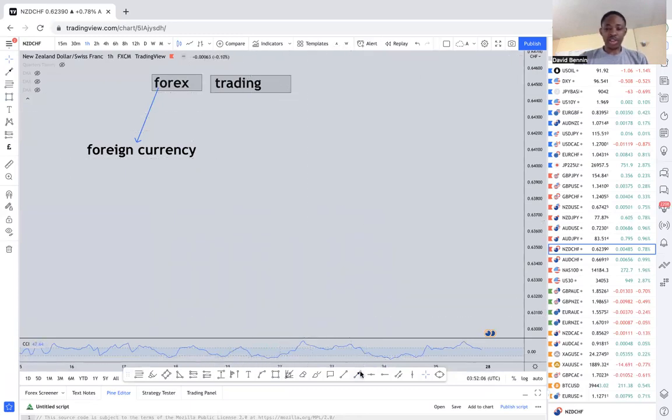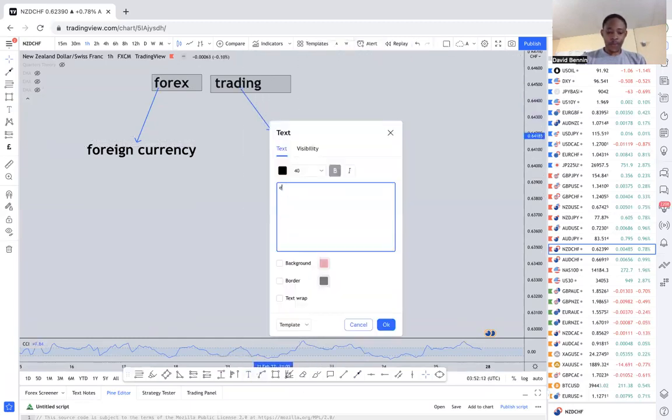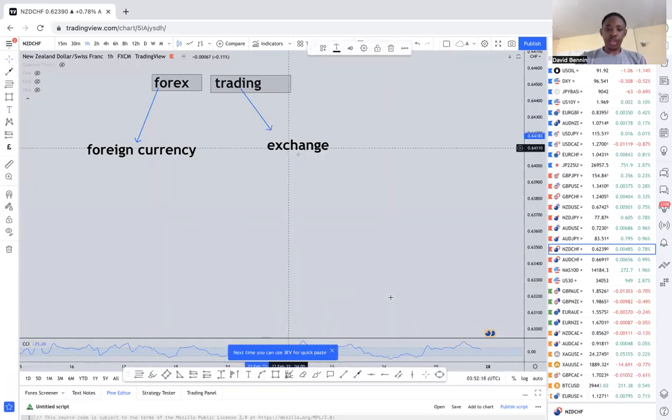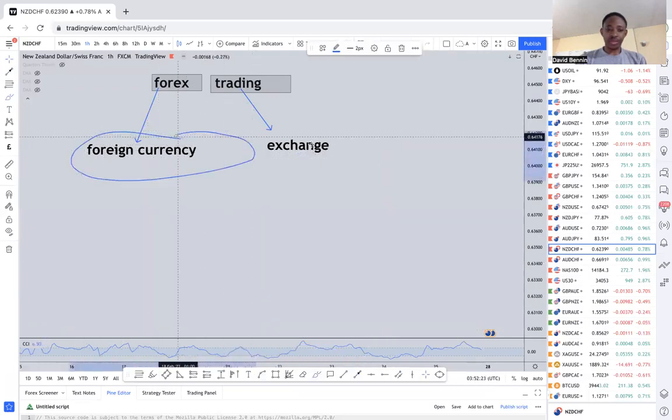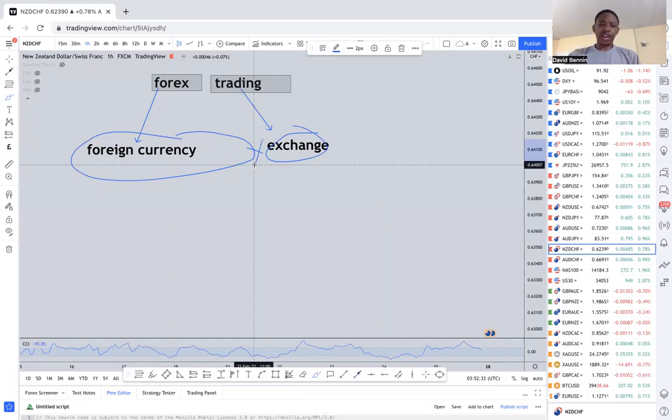So trading means you are doing an exchange. So it means that in Forex trading, you're exchanging foreign currency. You have one currency and you exchange it for the other. We have a lot of currencies, then we exchange it for another one.